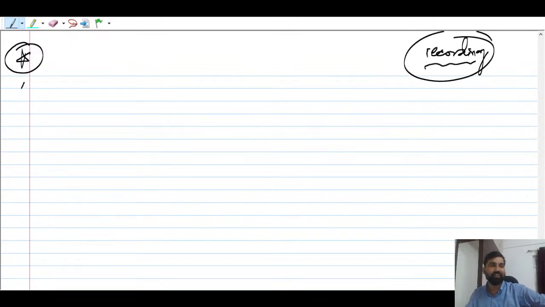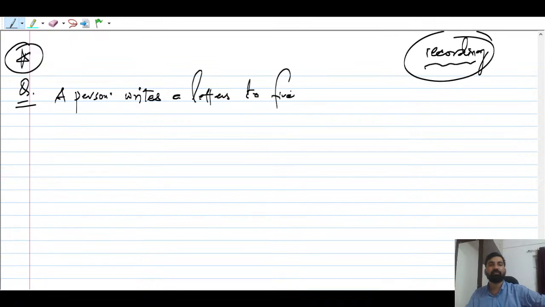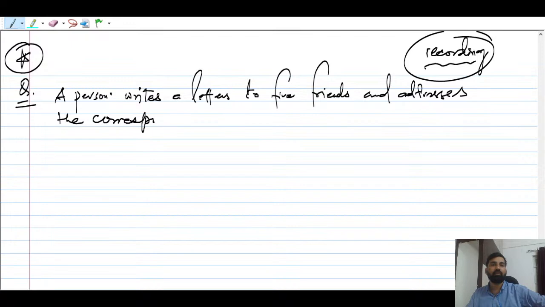So suppose such a question comes: a person writes letters to 5 friends, and addresses the corresponding envelopes.